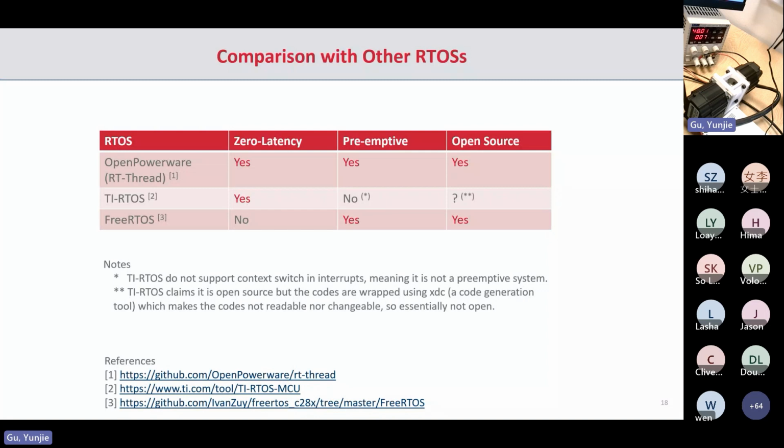So there's no preemption, and TI RTOS is also not open source. FreeRTOS is pretty good. It supports both preemption and open source, but it does not support the latency. And OpenPowerware, based on RT-Thread, is the only existing RTOS we know that supports all three functions. And the code for these three OSes cannot be found on the internet.